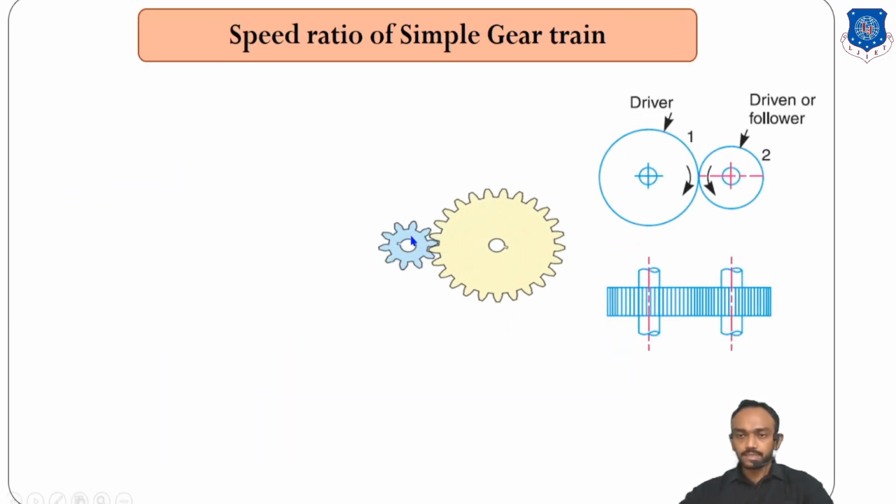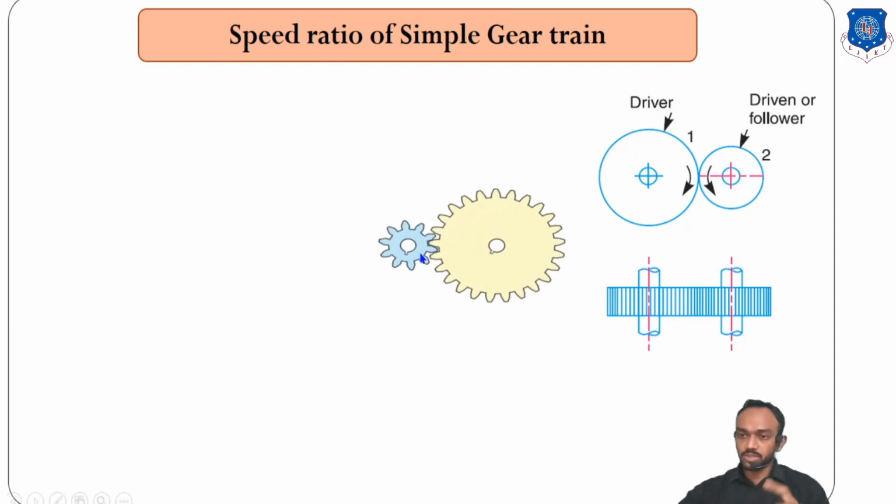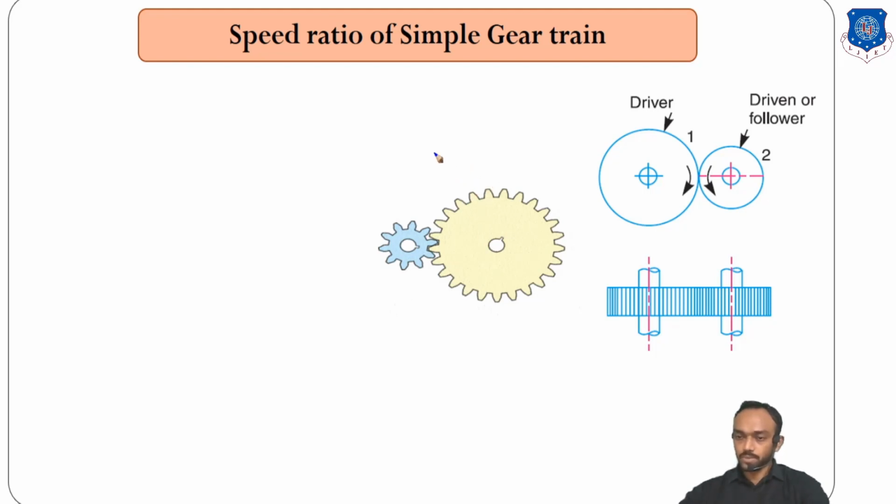Okay, let's understand the speed ratio. What is the speed ratio? You already know that. You can see here, the smaller the gear size, the fewer teeth there will be, and RPM is always high with respect to the connected gear. If a smaller gear is connected to a larger gear, the RPM is decreased, meaning the number of teeth is higher but RPM is less.